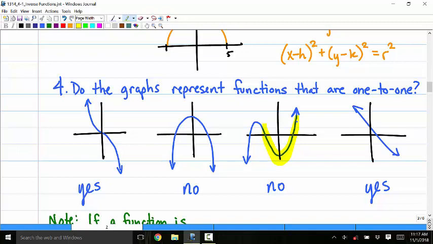What happens when you change from either increasing to decreasing or from decreasing to increasing? Is it going to pass a horizontal line test that way?